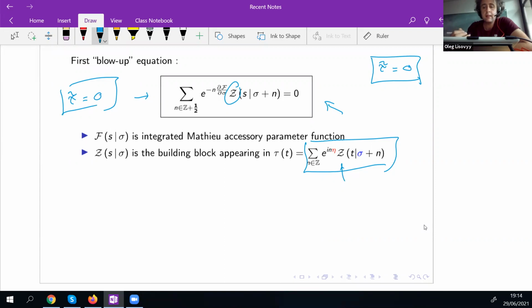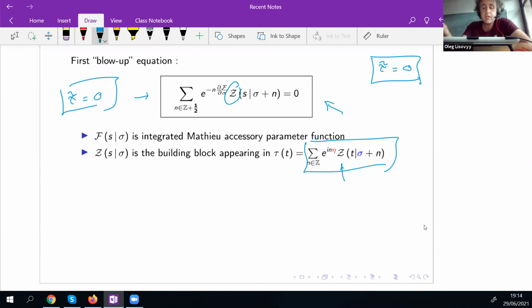And the second identity, well, it is almost like this. We actually have with Kohei the analogs of these identities for P1.